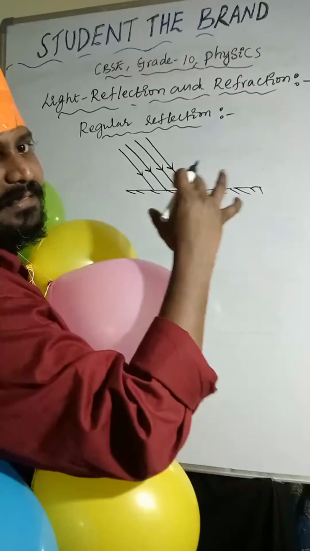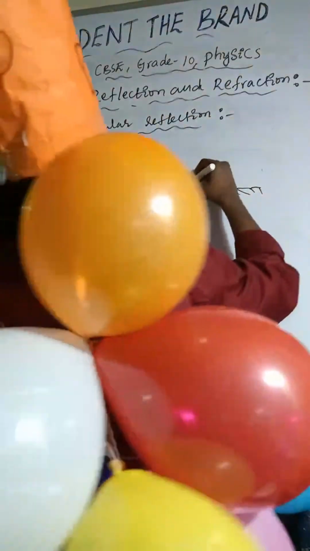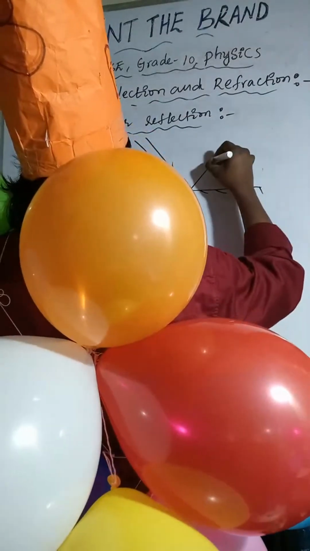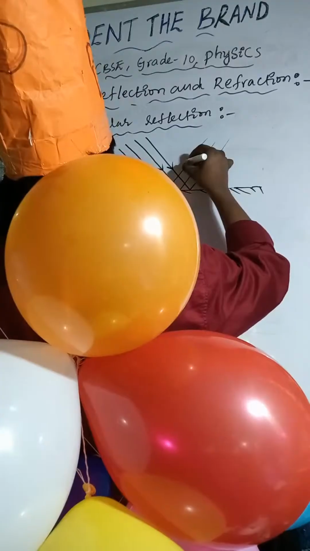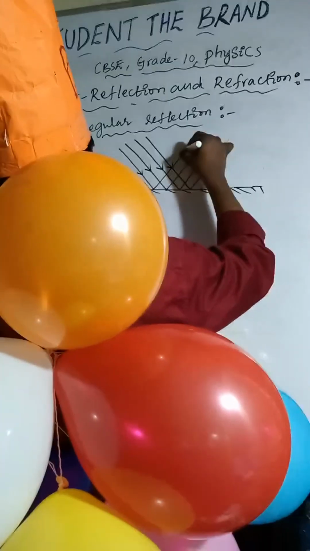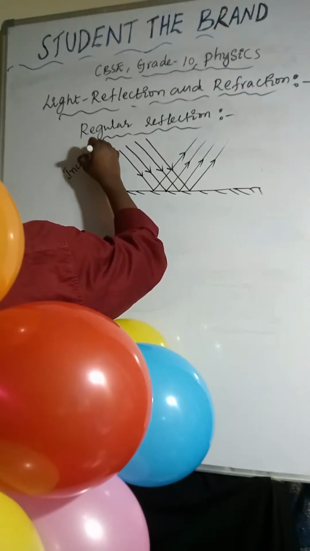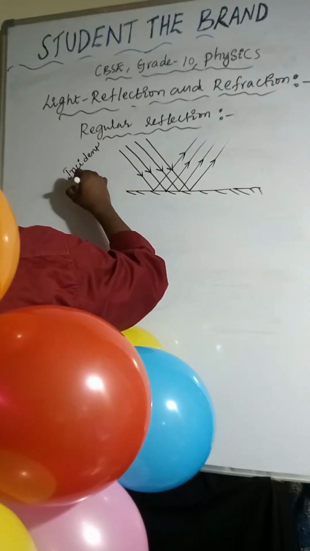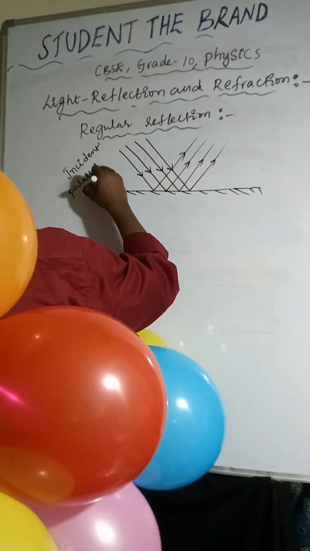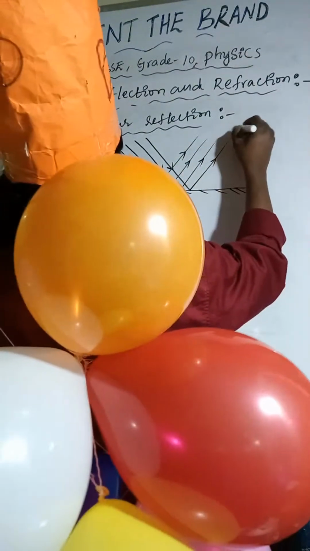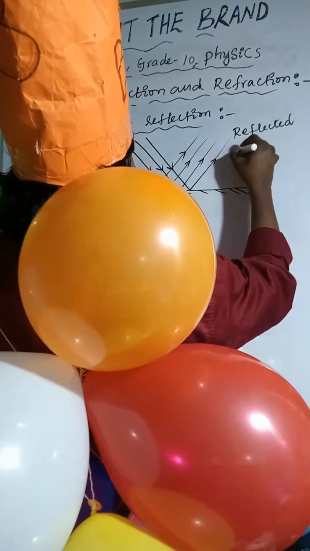All light rays are parallel to each other, so the reflected light rays are also parallel to each other. This type of reflection is called regular reflection. Incident parallel beam, reflected parallel beam.